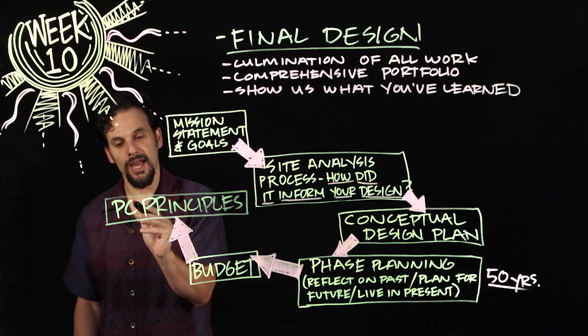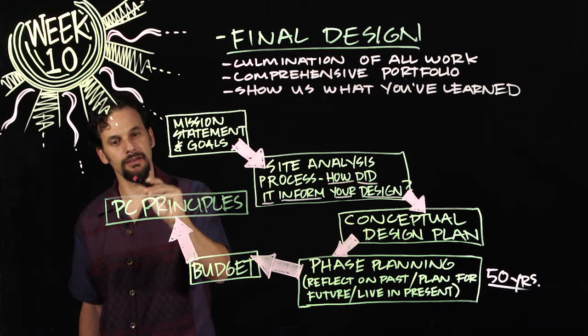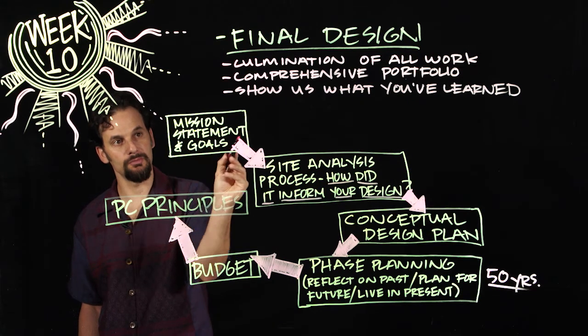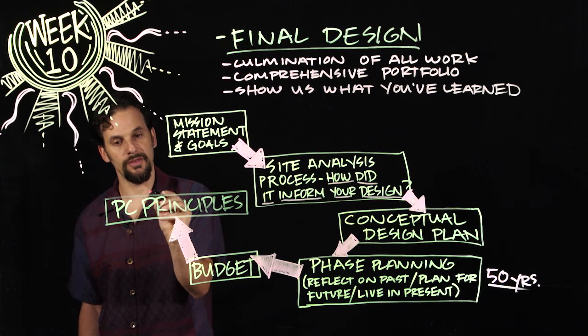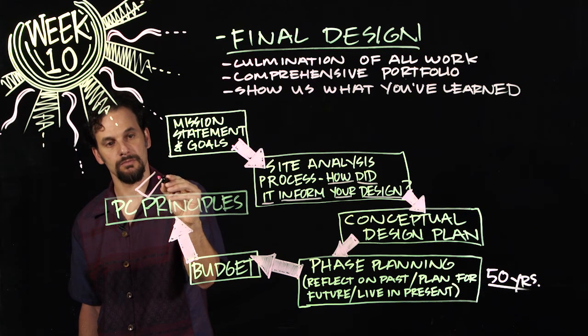And then you can check back in with your mission statement and goals and see if you accomplished your mission statement and your goals with the way that you used your permaculture principles.